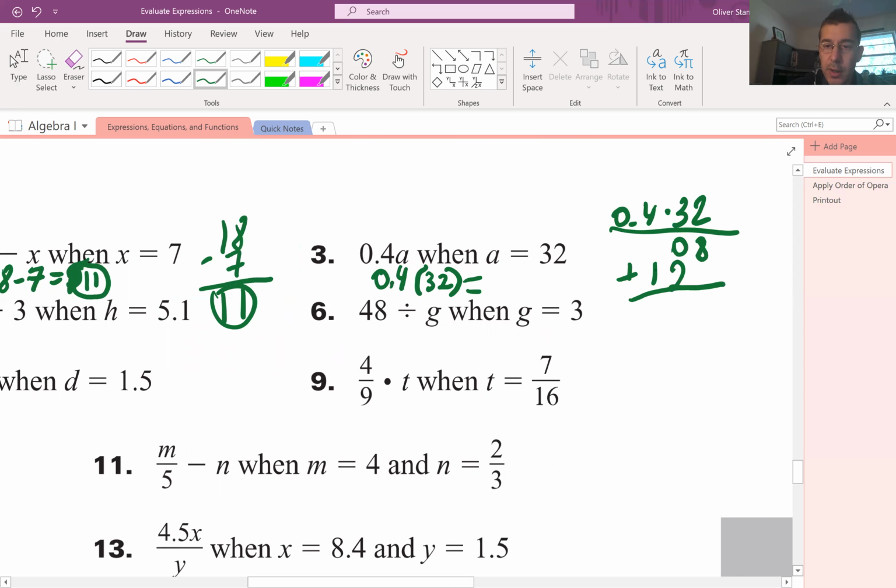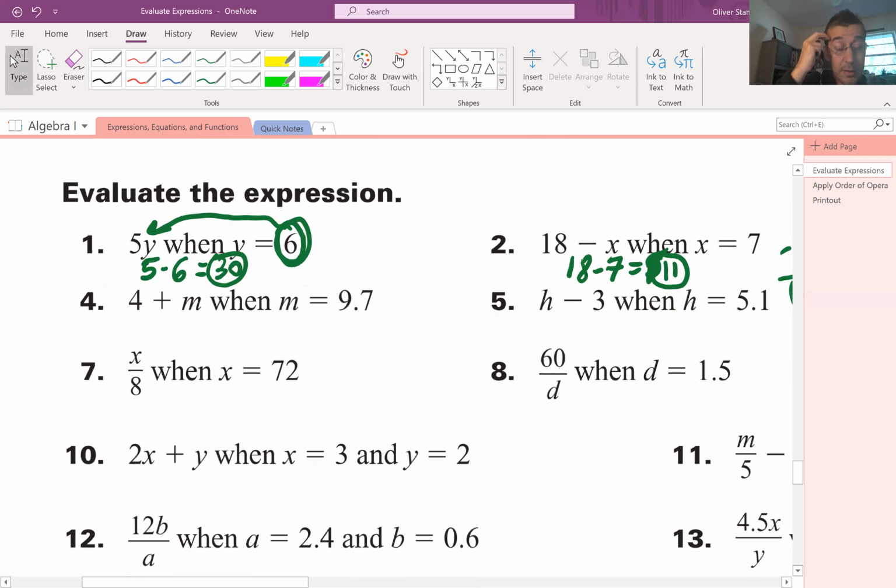And we have to add these two, right? So this is 8, 2, and 1, and there's 1 decimal point here, so 1 decimal point here, so it's 12.8. So that's the solution for number 3, 12.8.